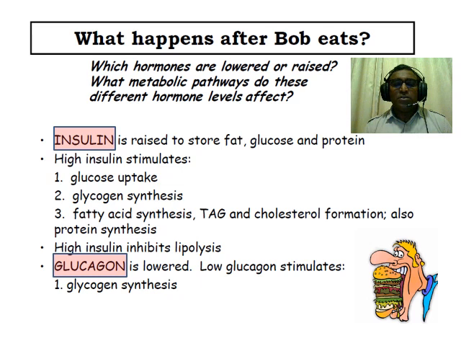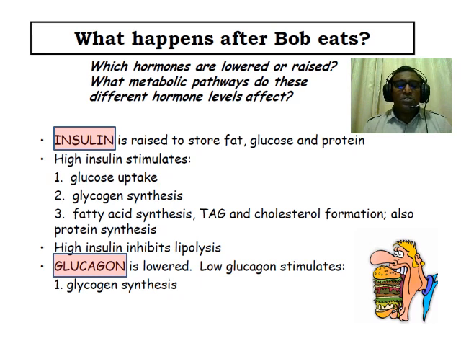It will cause all the metabolic pathways relevant to fat storage, glucose becoming glycogen, to be activated. So insulin will cause uptake of glucose into muscle cells and liver, and therefore glycogen will be synthesized to be kept there.